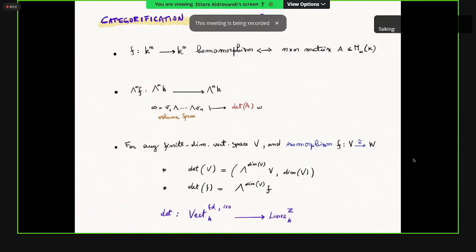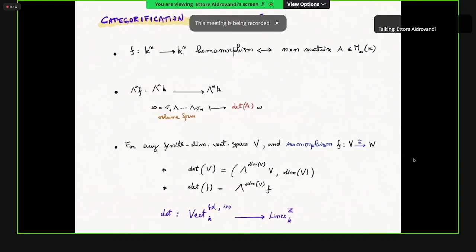So once you have that, one thing you can do is simply take your category of finite dimensional vector spaces, and to every object, that is to every vector space V, you can associate the top exterior power and record the dimension.